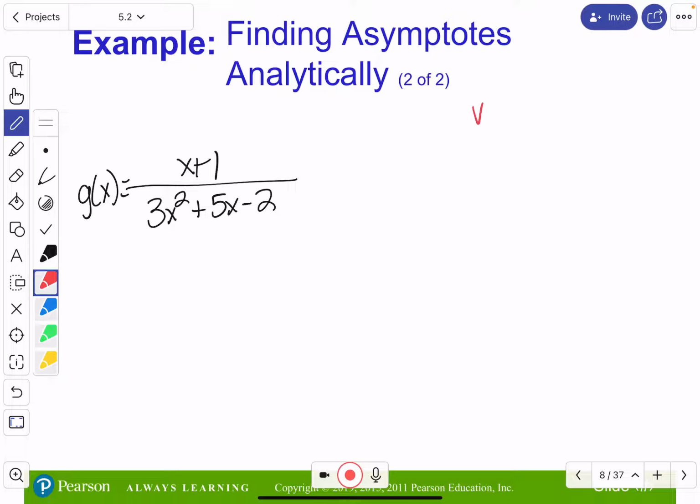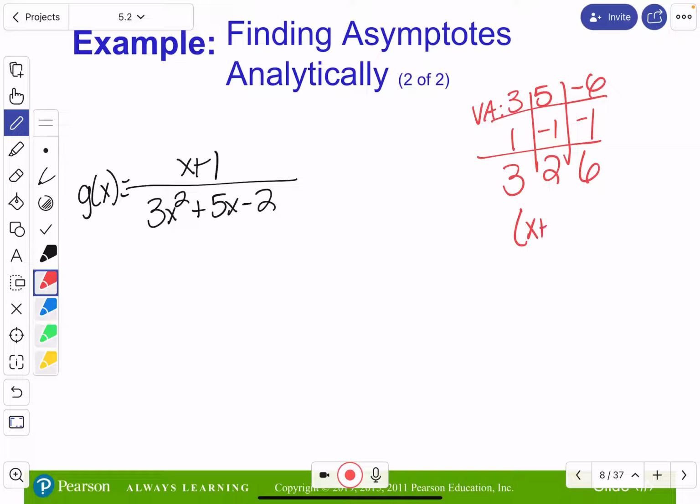Vertical asymptote. We're going to tic-tac-toe. So 3, 5, -6. We would get -1 and 6. 3, 1, -1, 2. So x plus 2, 3x minus 1.